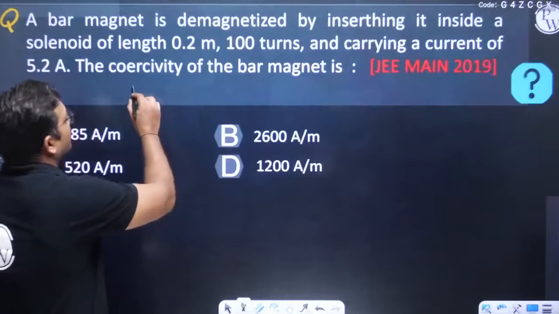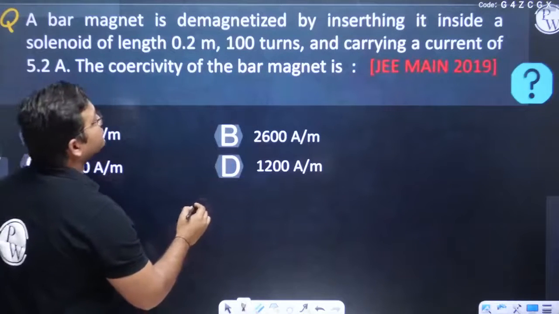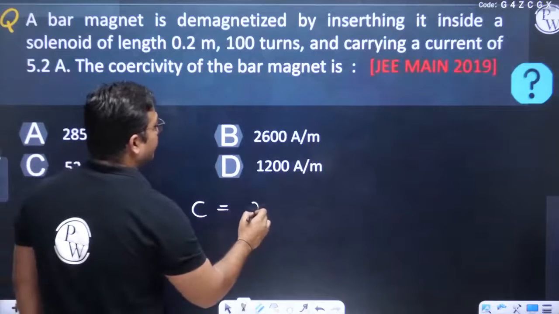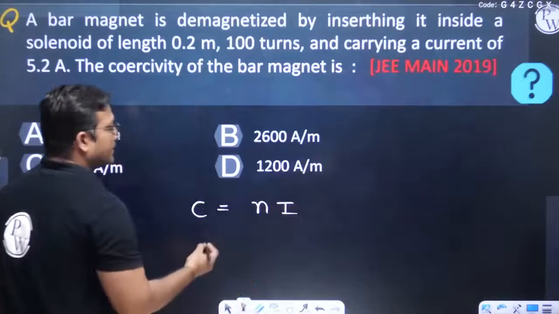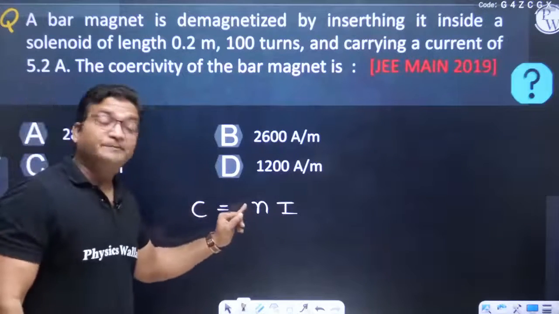So coercivity is equal to H, which is equal to n times I. n is the number of turns per unit length.